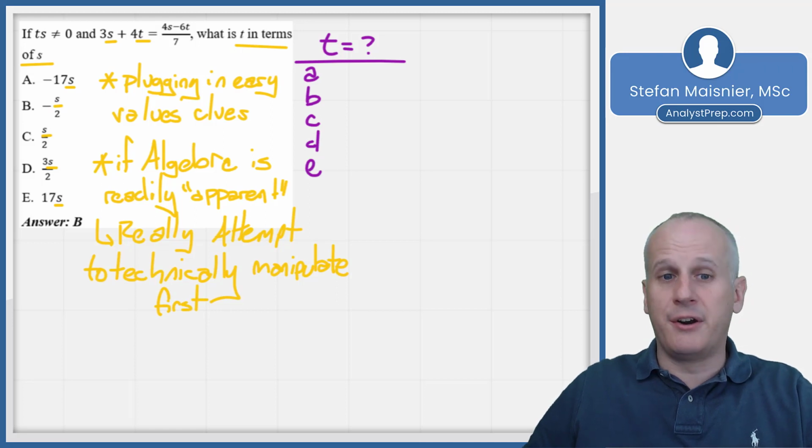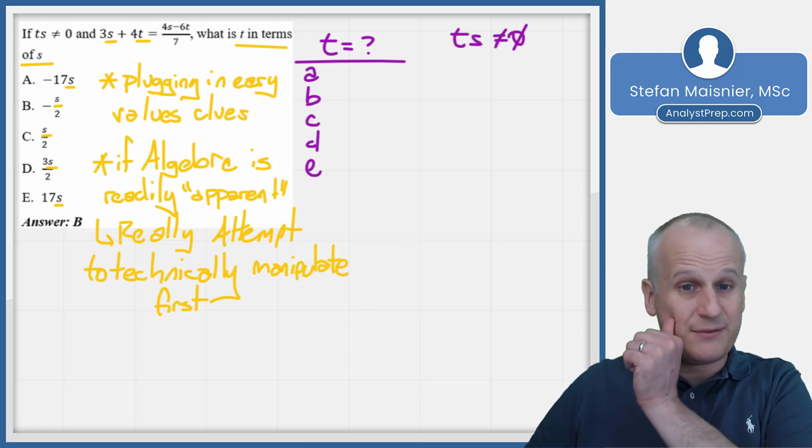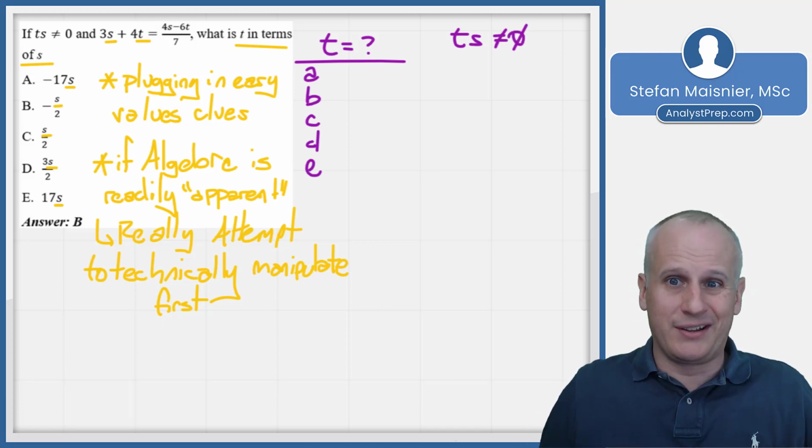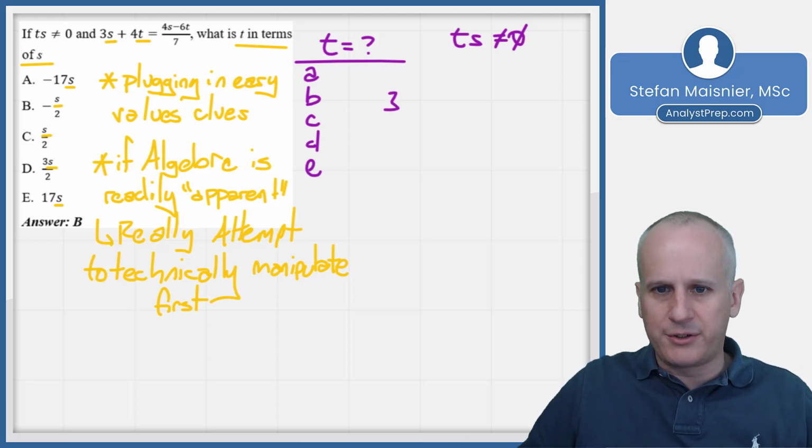So that's what we're going to do here. We can see that they're telling us that T times S does not equal 0. And the reason for that is if both T and S are 0, then the whole thing kind of means nothing. But we'll set up our equation.